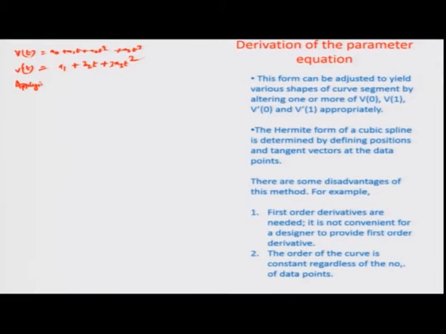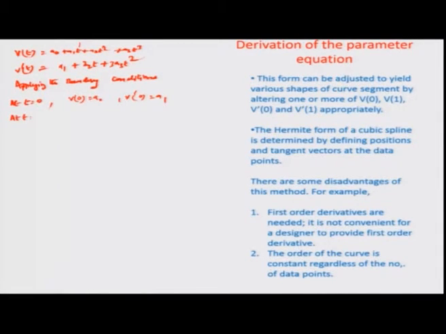At t equal to 0, v of 0 is a0, just substitute the value of t into this equation, and similarly v dash 0 becomes equal to a1.